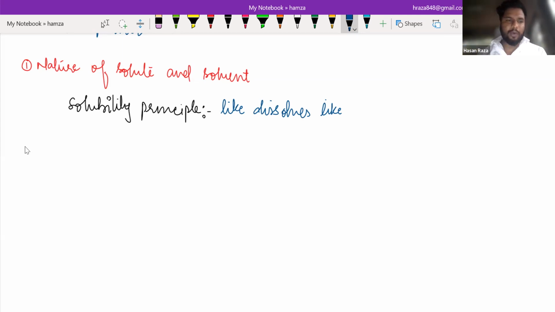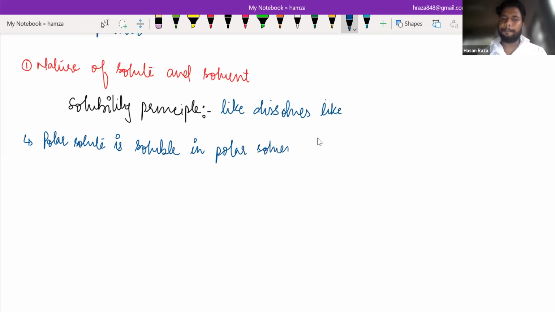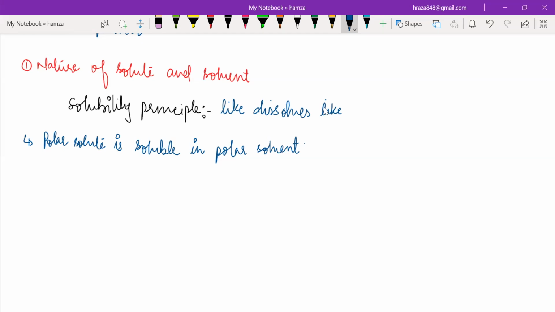I'm going to write it. Polar solute is soluble in polar solvent. Do you know what is polar, Fatima and Hamza? What is a polar compound?